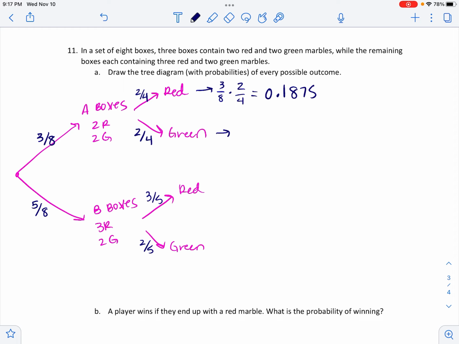So the same thing for the green, and I get 0.1875. Then for the B box, a B box and red, I'm going to do 5 out of 8 times 3 out of 5. And I get 0.375. And the last one, we got the 5 over 8 times 2 out of 5. And that is a 0.25.